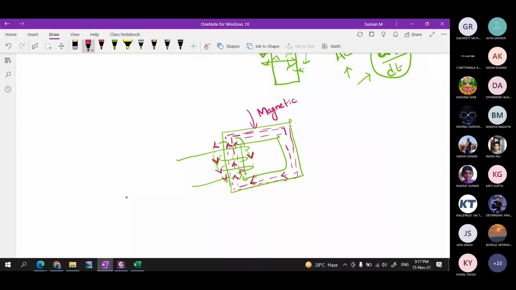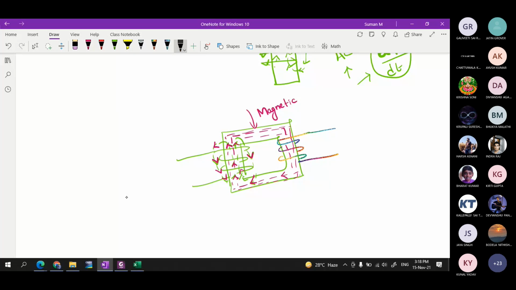So now, if you connect a winding here, okay, let us come later. Now this rate of change of flux is there.